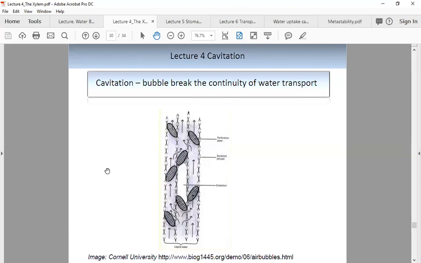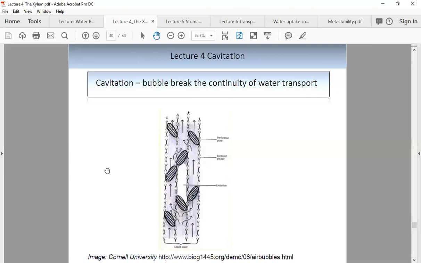It might be insect damage. It could be disease through fungi or bacteria that are enabling that sort of exposure of the xylem to the air. So that's another way, but there's also another very interesting one.